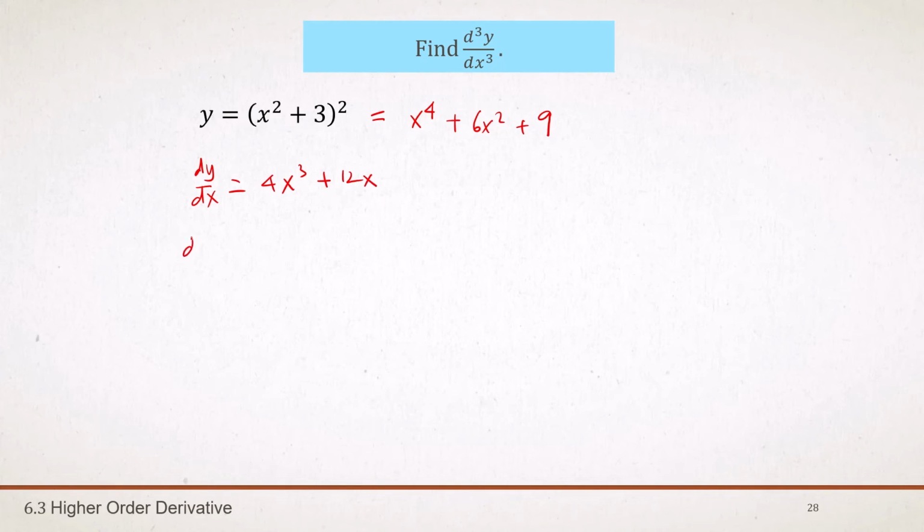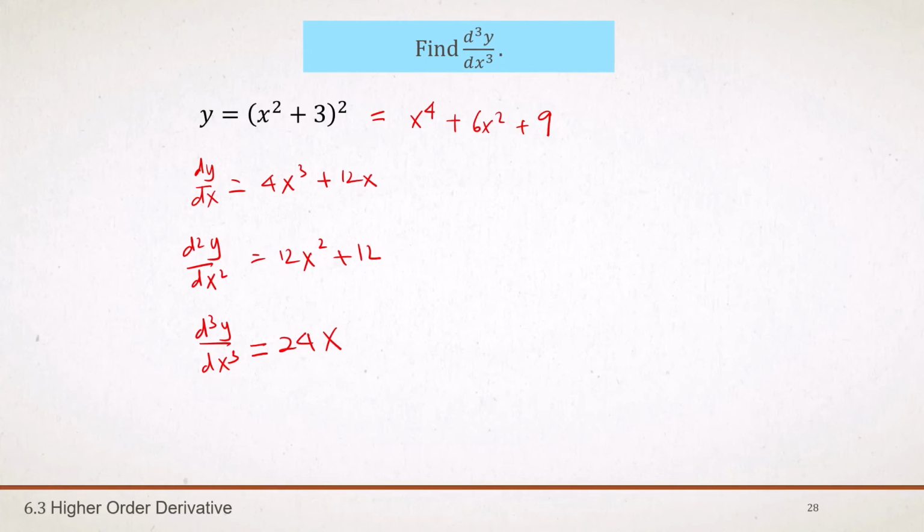After that the second derivative d squared y/dx squared equals 12x squared plus 12, and finally I differentiate again, so I will get 24x. Okay, if you're not using expansion, you will cut yourself into a product rule.